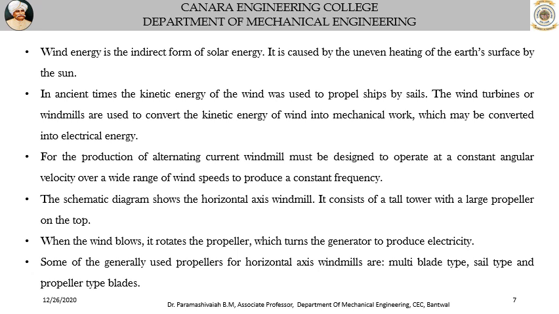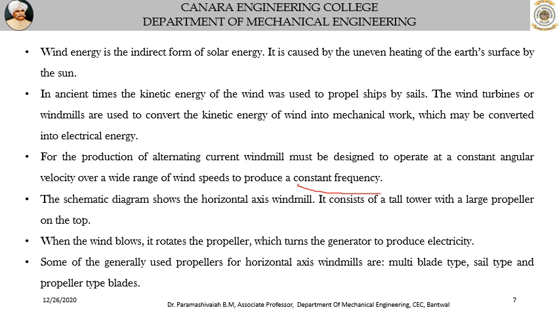Therefore, it is essential that we design it with a constant speed of rotation so that we can achieve a constant frequency. Then when the wind blows, it rotates the propeller, which turns the generator to produce electricity. That's what I told you in the previous slide.